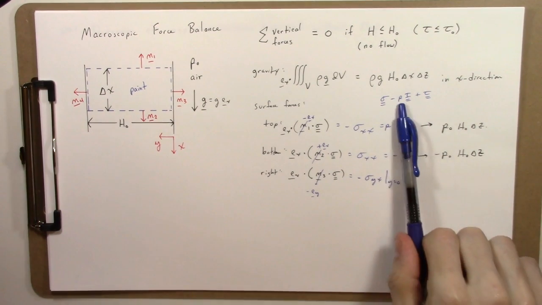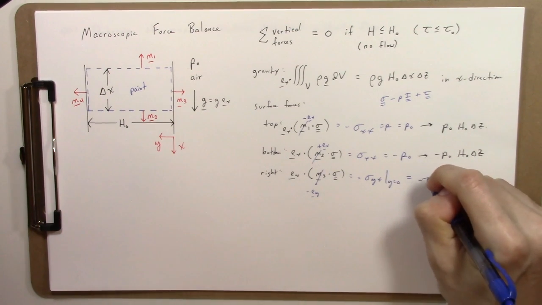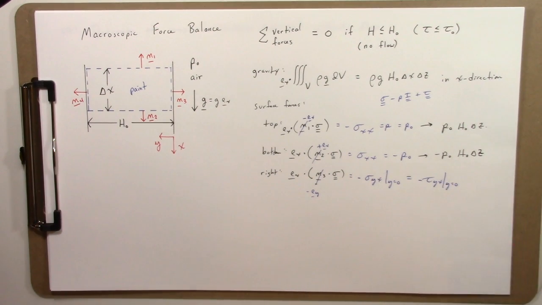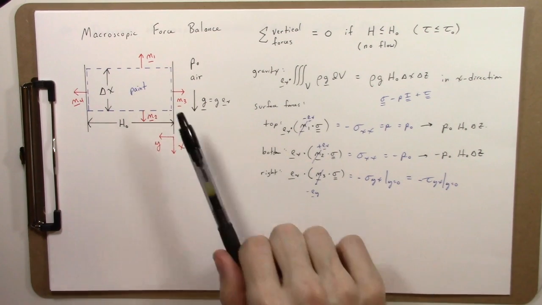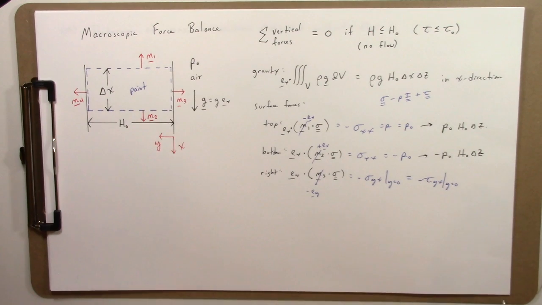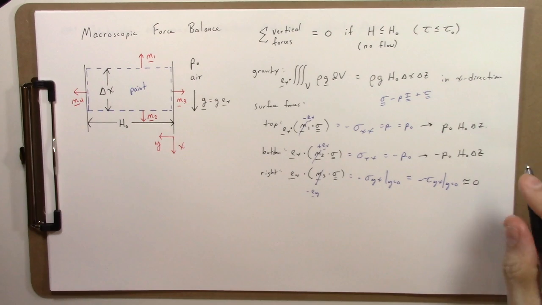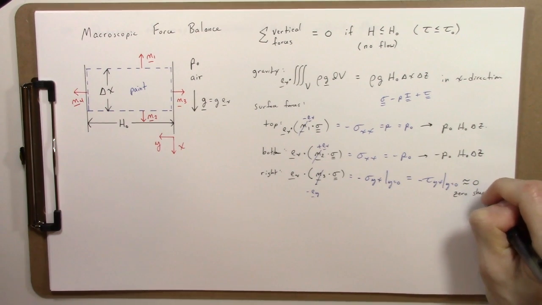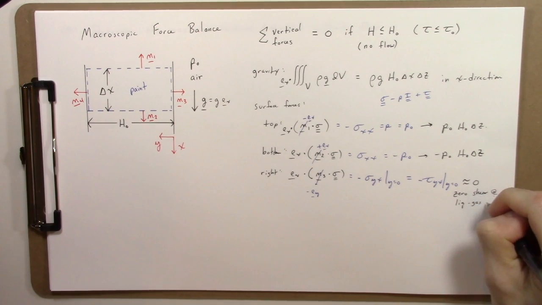And the pressure does not contribute to the shear stresses, only to the normal stresses, so we get minus τ_yx at y equals 0. And so we can ask, what is the shear stress at the paint-air interface? It's a liquid-gas interface, and so we basically say the shear stress is approximately equal to 0. Zero shear at a liquid-gas interface.